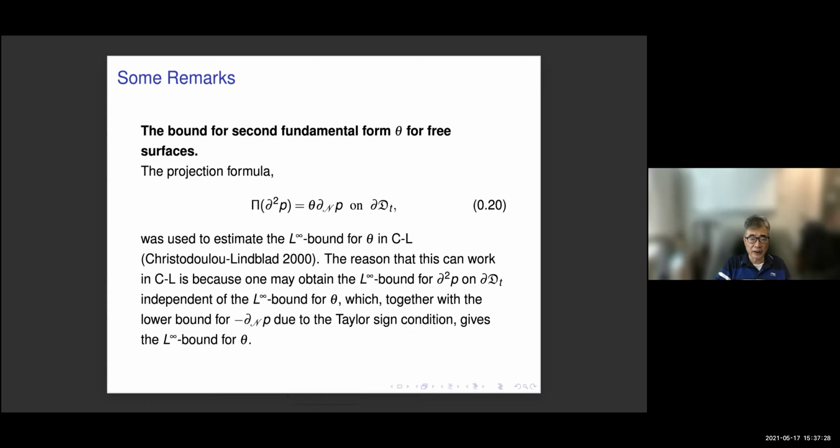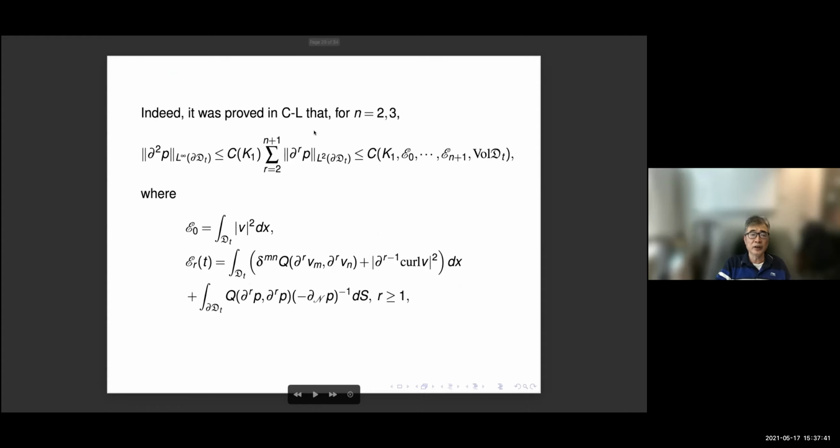This was stated by Christodoulou and Lindblad, and actually in their paper for the incompressible Euler equation, the L infinity bound on the boundary of the second derivative of p is given by this. Here K1 is another geometric quantity.